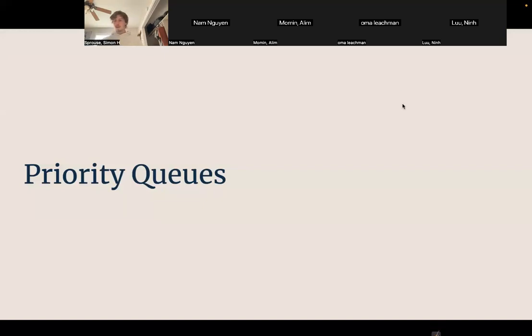Okay, so today's topic is the priority queue, and some motivation behind this data structure is specifically, as we've seen so far in the course of 221, a data structure is more or less useful depending on which operation you decide is the most important, right?